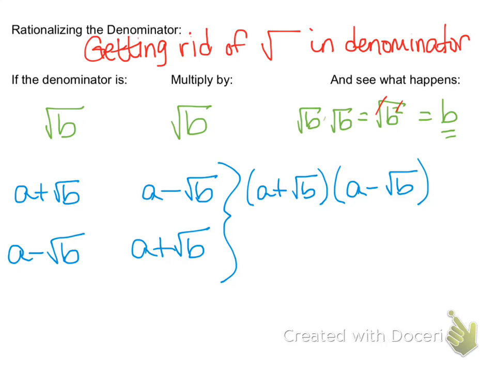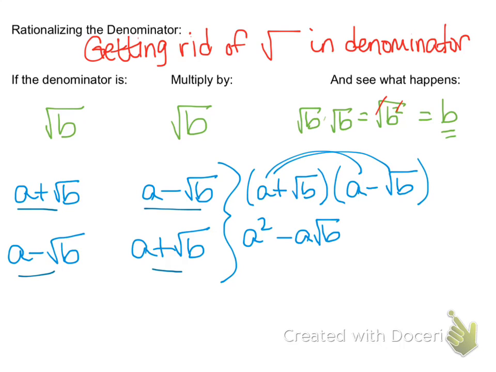And so let's go ahead and see what happens if we multiply these two factors together, depending on what order you write them. So a times a is a squared, and then I get minus a times the radical b, and then plus a times the square root of b, and then minus the square root of b squared, because remember we're multiplying what's inside the radical by itself.